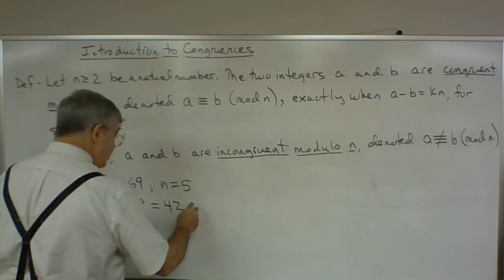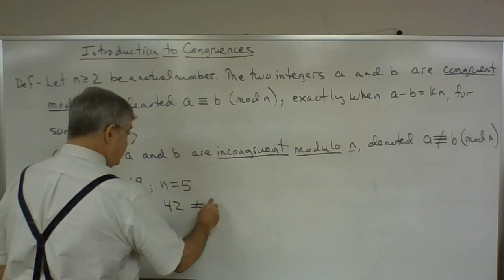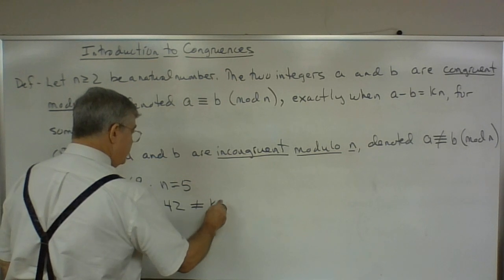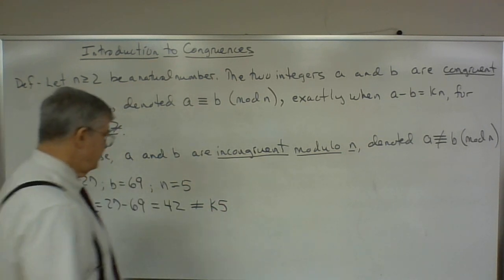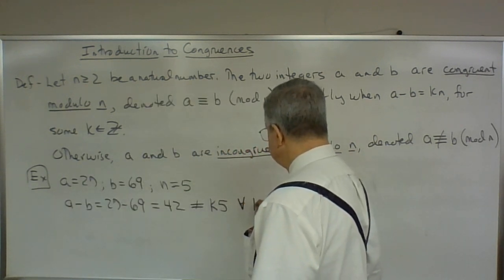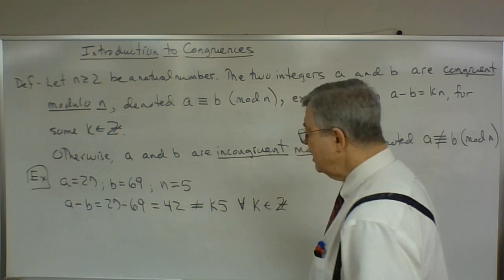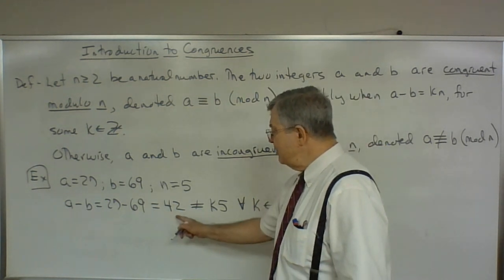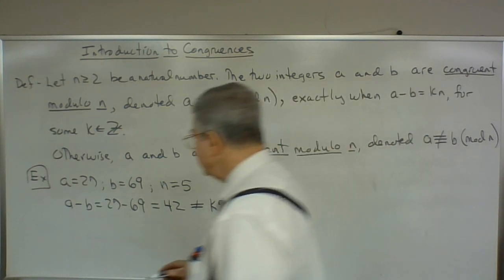And this is not equal to some integer k times 5 for any integer. In other words, A and B don't differ by a whole number multiple of 5.